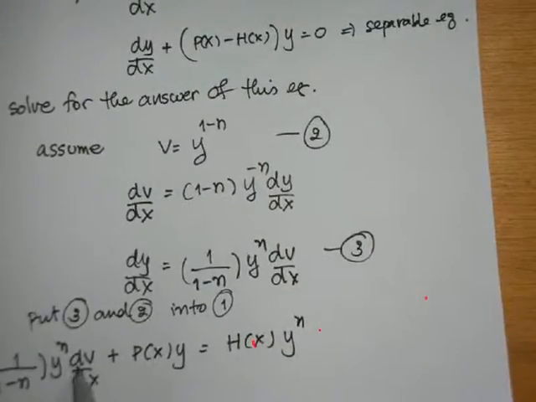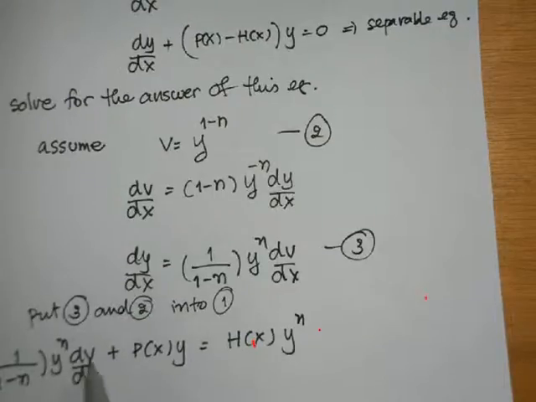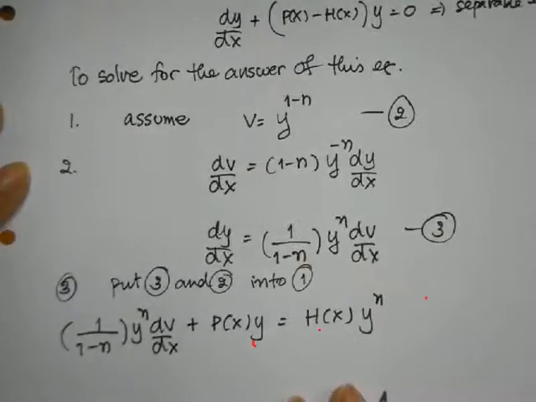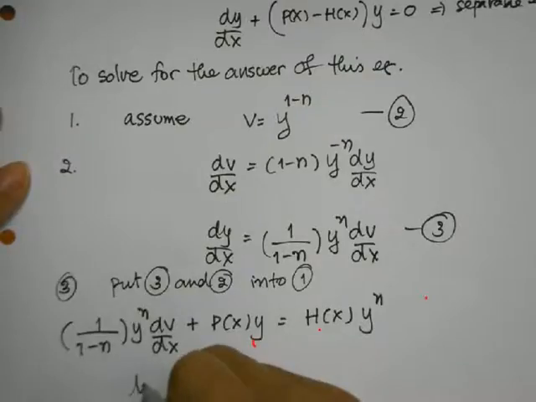We make the coefficient in front of dv by dx equal to 1. Okay, so we would get something like this.